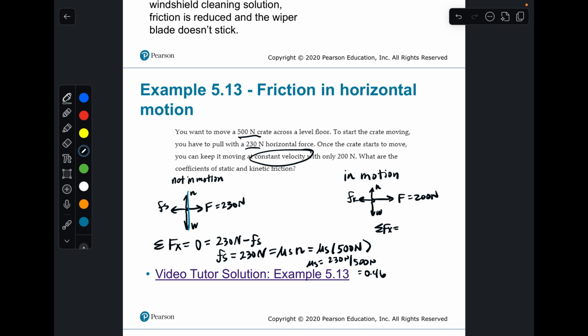So Fk is going to simply be equal to F, which is equal to 200 newtons. And we know that that is equal to the kinetic friction coefficient times the normal force of the box. And thus mu k is going to equal 200 newtons over 500 newtons, which is 0.4, a fraction smaller than 0.46, which is what we expect.